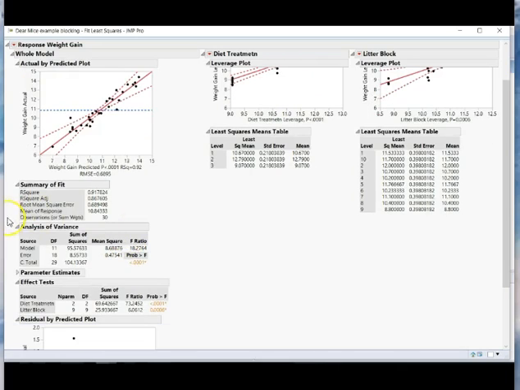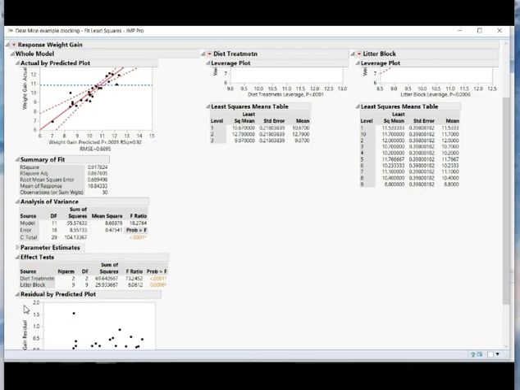In sum total, how do these three different diet groupings and litter, how much of the variability, how significant is this model? Highly significant. If we wanted to look at the individual variables, we can see that the diet treatment is significant at the 0.0001 level, but so is that litter block.